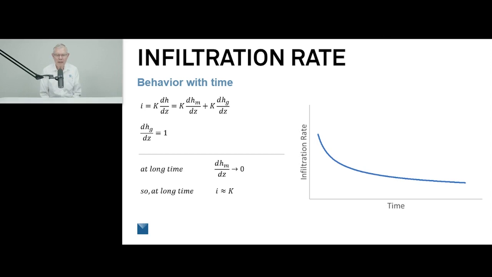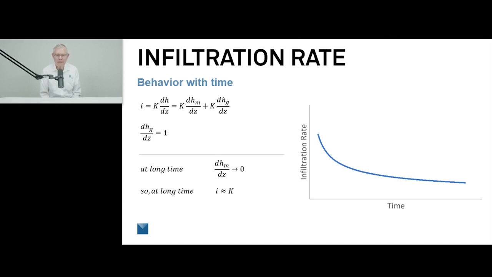We said that the matrix potential depends on the water content of the matrix. Matrix potential gradients therefore depend on water content gradients. The more water that enters the soil, the smaller those gradients become. So at long times, the gravitational potential gradient becomes the dominant one.